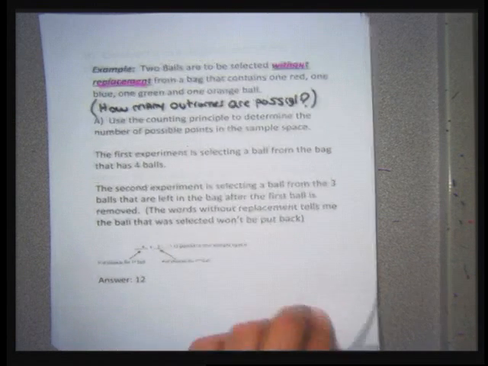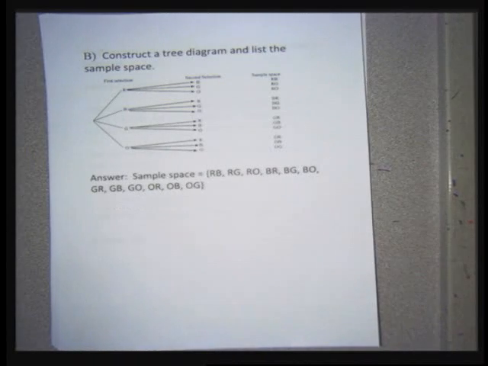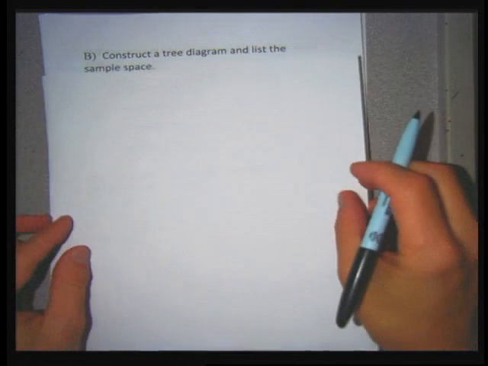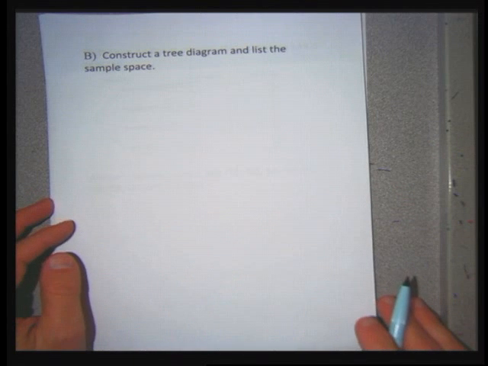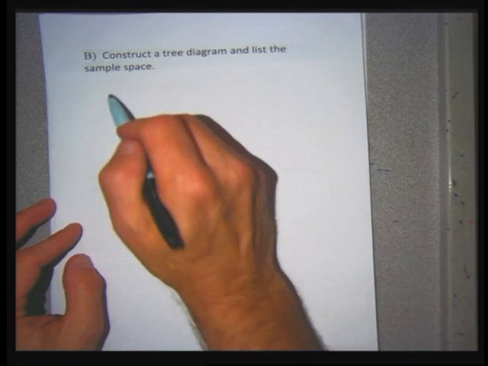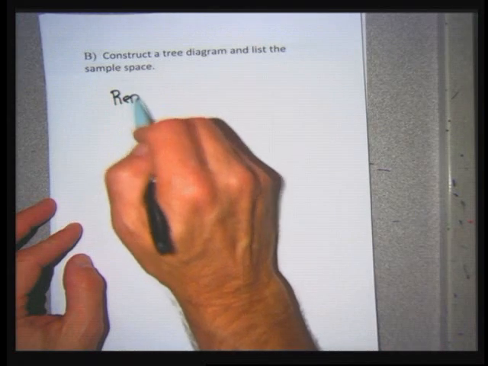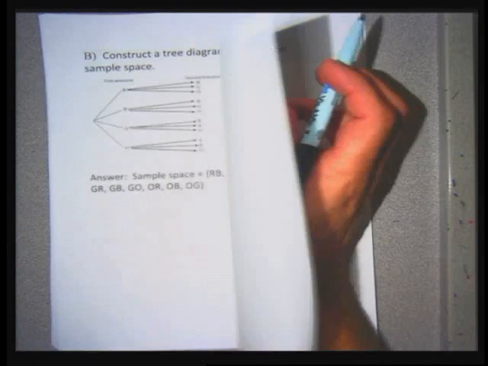The next thing I want to do is actually construct a tree diagram. And to construct my tree diagram, I'm going to need to make a first and a second level of my tree diagram. And again, the balls here were red, blue, green, and orange.